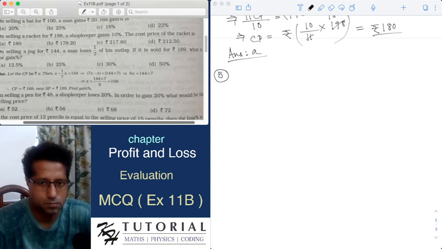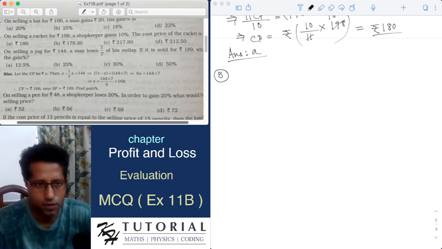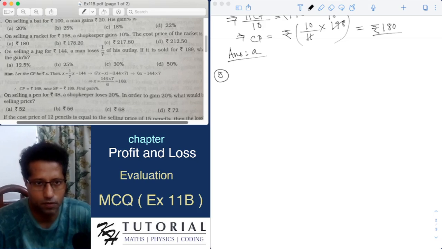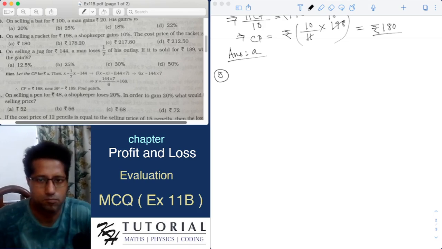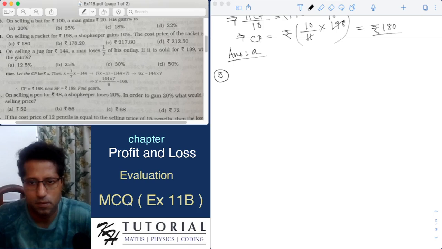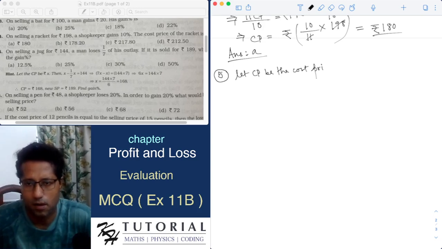Whatever the price may be, we will consider the cost price to be CP. Let CP be the cost price of the jug.